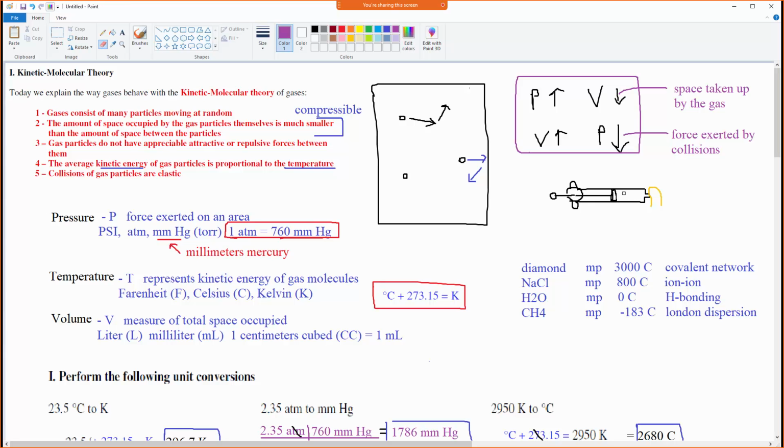And when it has less space, you have the same number of gas particles running around in a smaller amount of space. It's more concentrated, so there's going to be more collisions between the gas particles and the walls. And an increased number of collisions means increased pressure. So therefore, lower volume, increased pressure. Does that make sense?